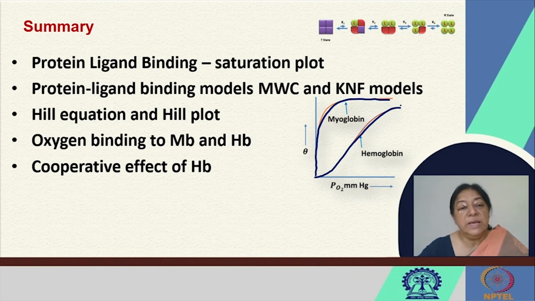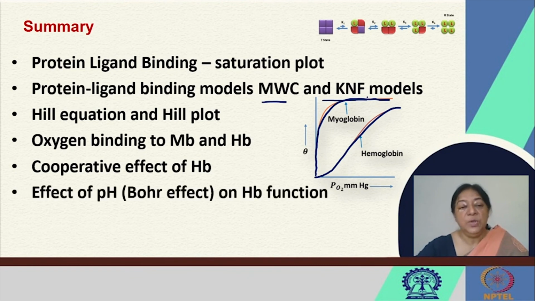In the protein ligand binding models, we looked at two different types of models, the MWC and the KNF model. The Hill equation and the Hill plot for oxygen binding to the proteins indicated that there was a cooperativity associated with oxygen binding to hemoglobin, and we looked at the effect of pH on the functioning of hemoglobin.